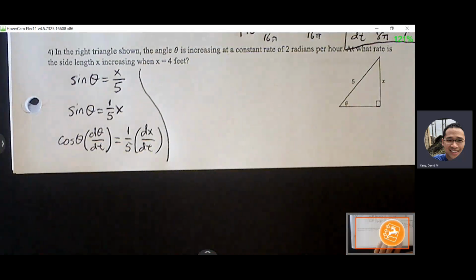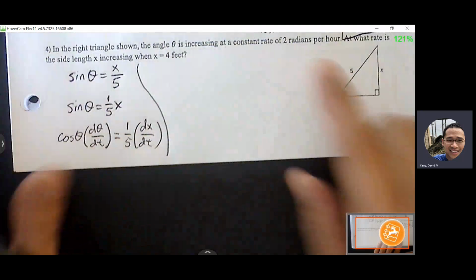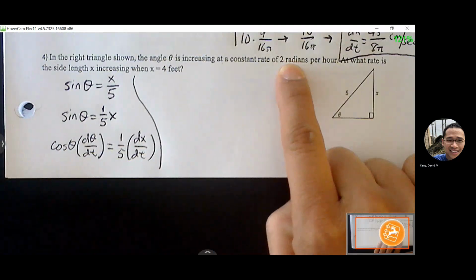Now we're just trying to find a way to replace everything that we see. Let's go back to the problem and read what we have. Angle theta is increasing at a constant rate of 2 radians per hour. What variable can hold that information? d theta dt. Positive or negative?